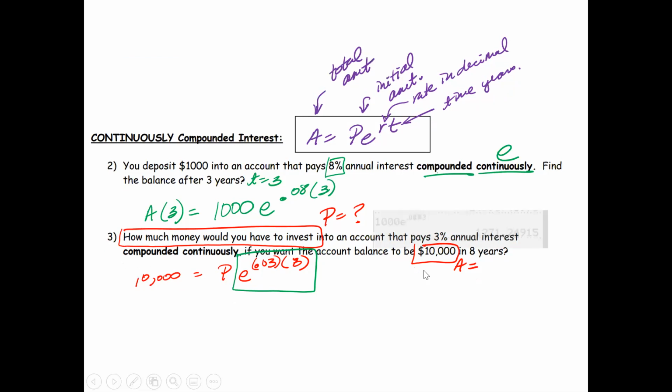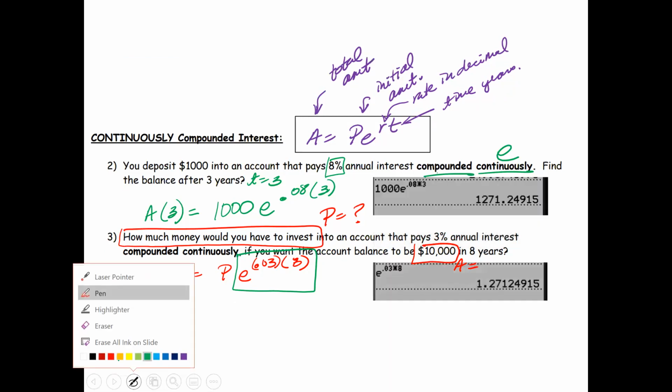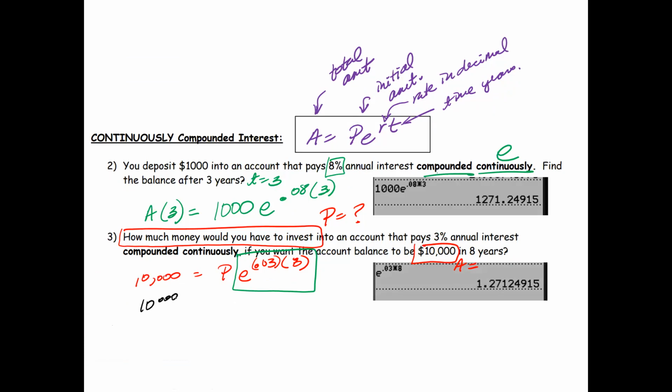So I'm going to rewrite this as 10,000 equals P times this entire thing, with the e replaced by 1.2712.